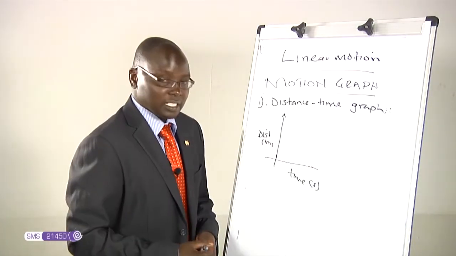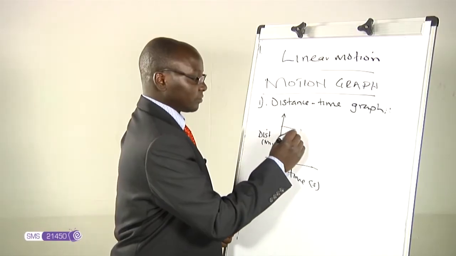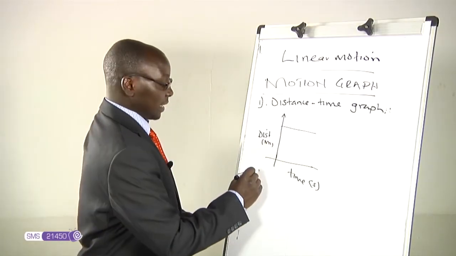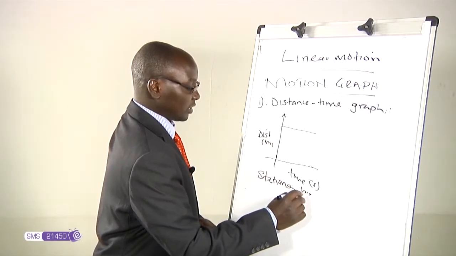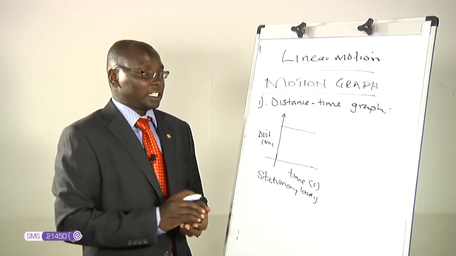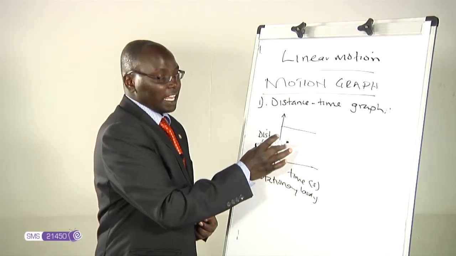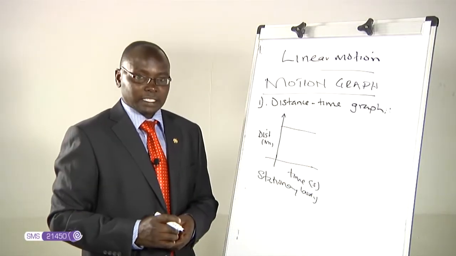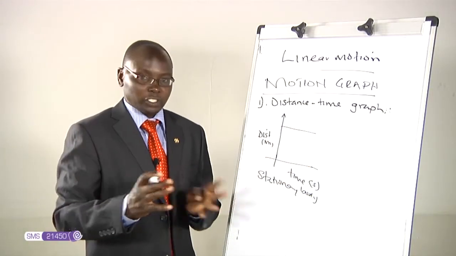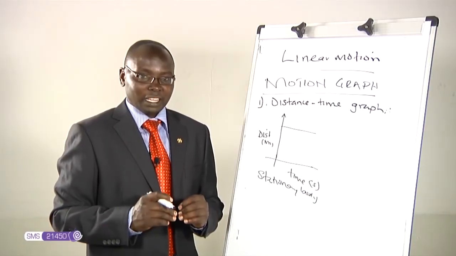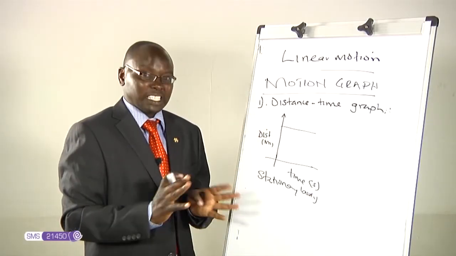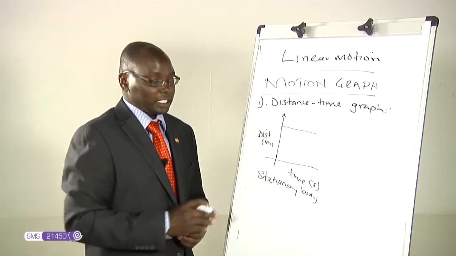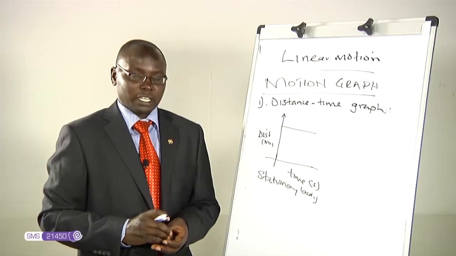So for that one, we would show it with a straight line. So this is a graph of a stationary body. From this you can see that the line increases on the x-axis, but on the y-axis there's no increase or decrease. Time moves, but the distance on the y-axis has no change. So that is the graph of a stationary body.